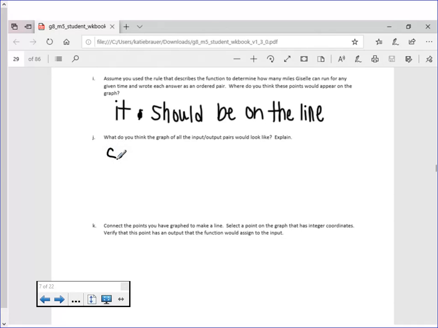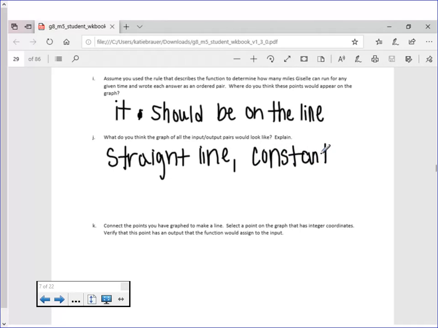It would still be a straight line. And the reason we know it would still be a straight line is because we have a constant rate. That just means Giselle is running at the exact same speed the entire race, which is very unlikely, but that's what the math paper says that she's doing.